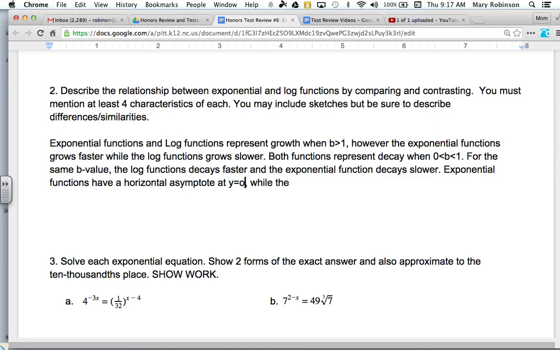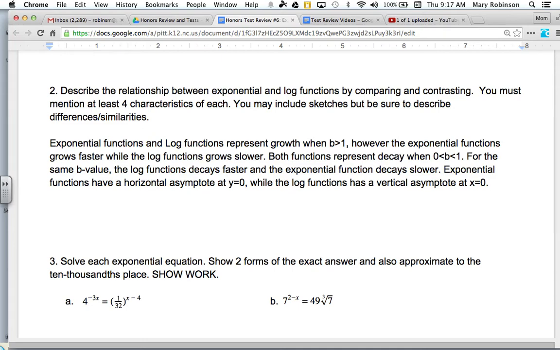That should have been 0, not O. While the log function has a vertical asymptote at x equals 0. So that's a third. And we could also talk about the intercepts that we know are on the graph of each.